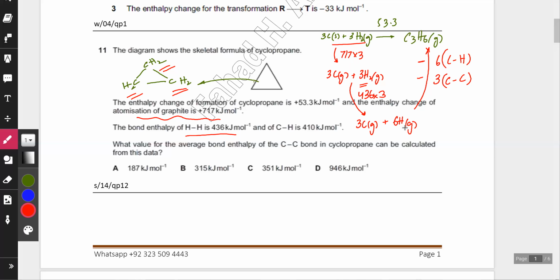Then the atoms got together to form this molecule over here. So they ended up forming 6 C and H bonds and 3 C and C bonds. And the reason a negative sign is put over here is that it's bond forming that's happening on this side. Is this example clear?